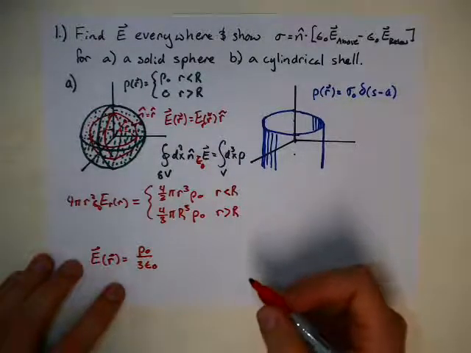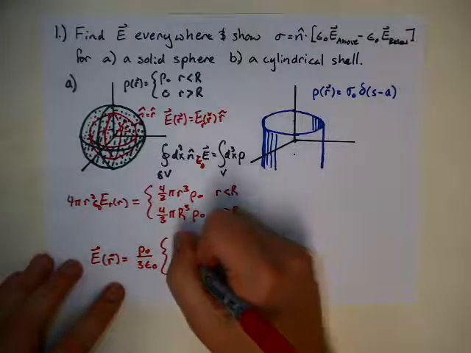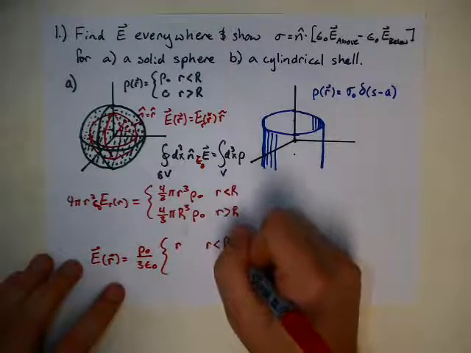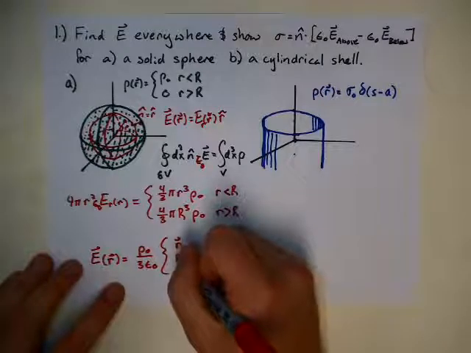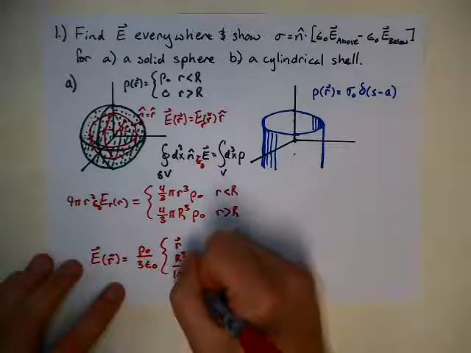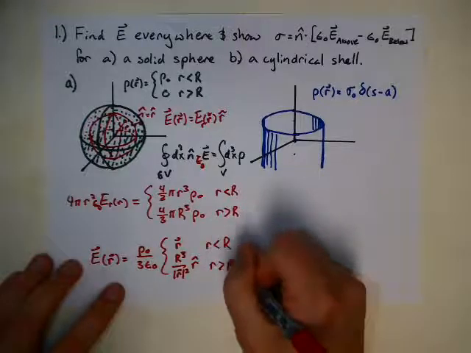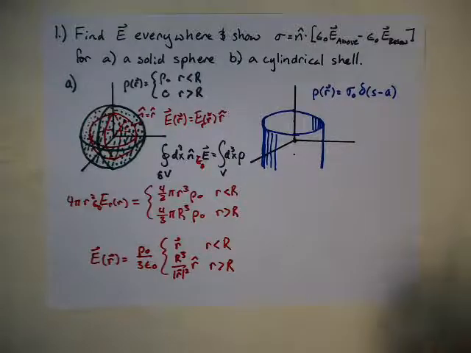And then we are going to have this case: this goes as r vector for r less than R, and this goes as capital R cubed over r vector squared r hat for r greater. So that's the electric field for that case.